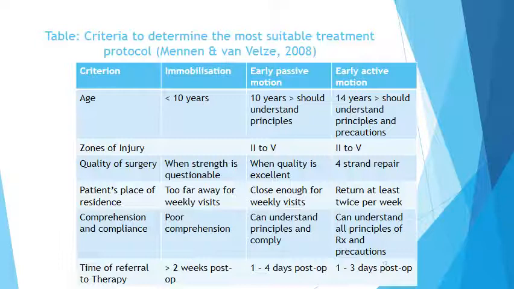You want to use early active motion protocols. They have to be able to return at least twice per week for their session. Understanding is clear, and the referral to your practice is in the first 3 days after the operation.